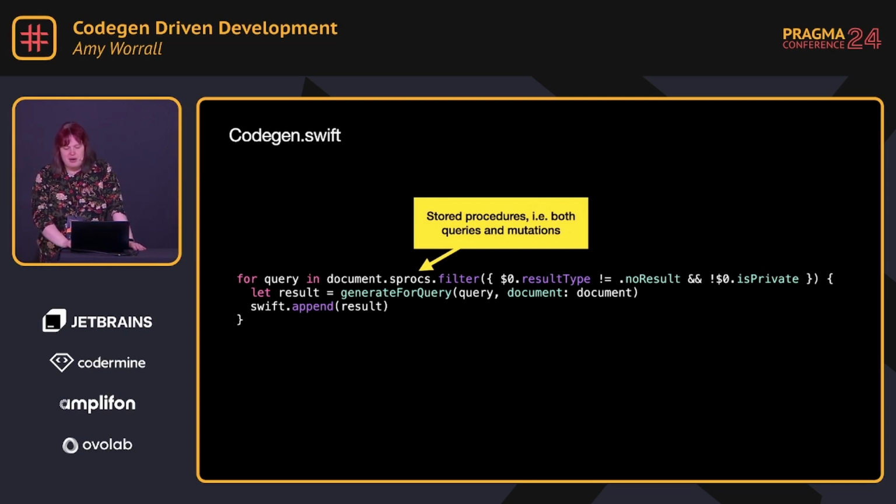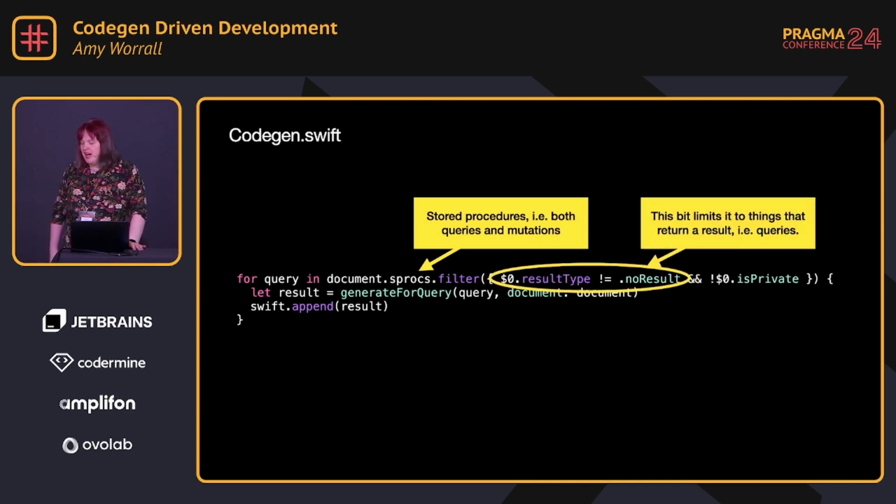So we're taking our sprocs, and we're filtering them to ones that do have a result. Queries have a result, they output something. If they didn't have a result, then they're either a mutation or something pretty useless. So again, this is just me filtering the stuff that we got out of that JSON file.